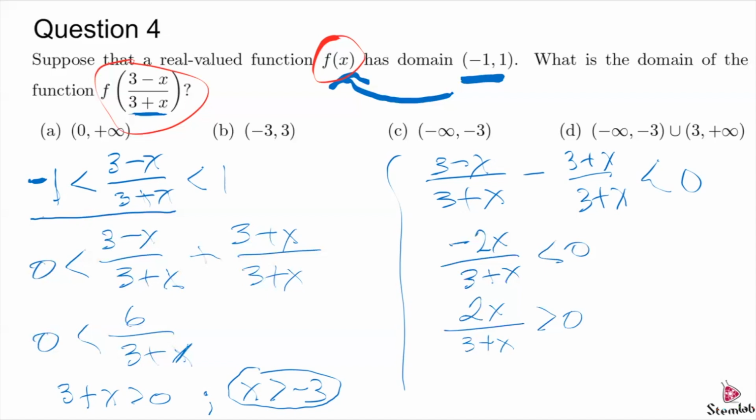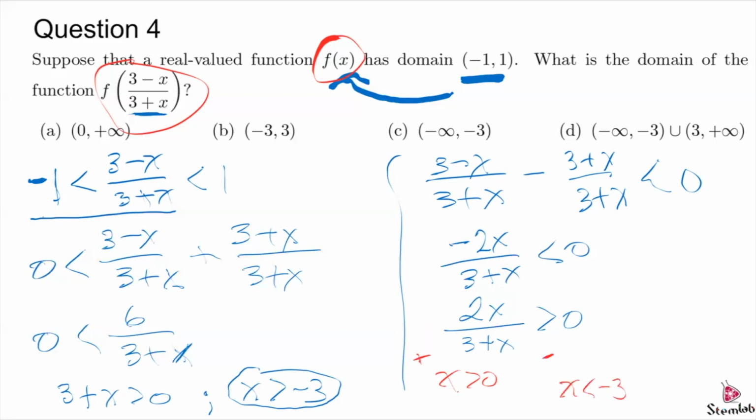Both numerator and denominator will be greater than 0 if x is greater than 0. This will be the case where they're both positive. And they're both negative when x is less than -3.